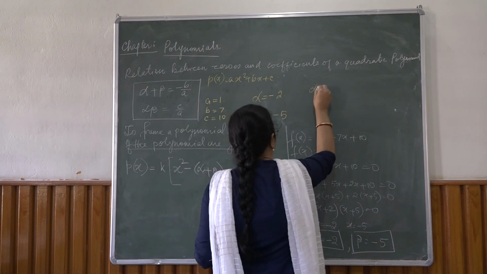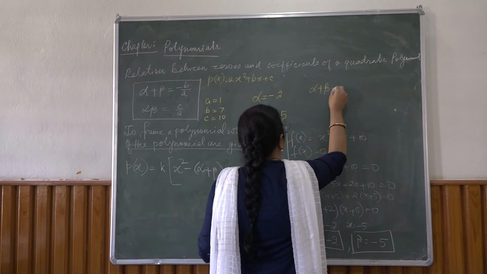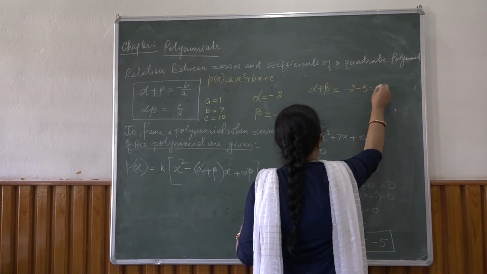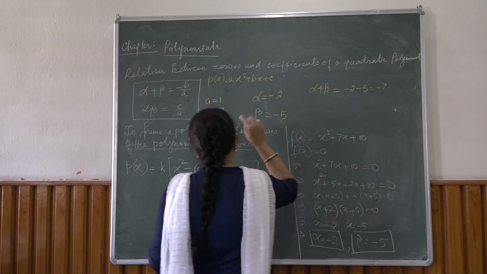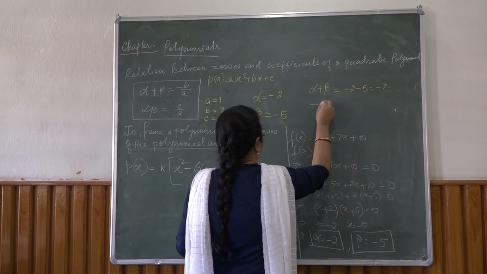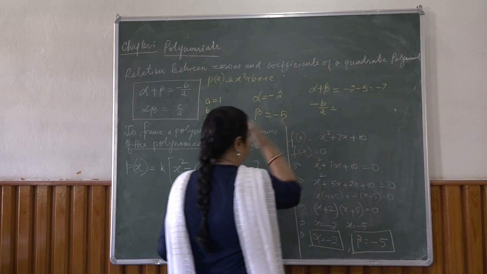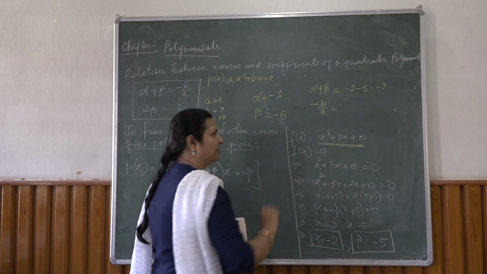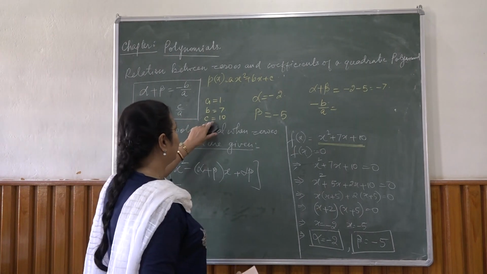So let us find alpha plus beta first. Alpha plus beta is equal to minus 2 minus 5, which is minus 7. And now let us see what minus b by a is equal to, according to the polynomial given.